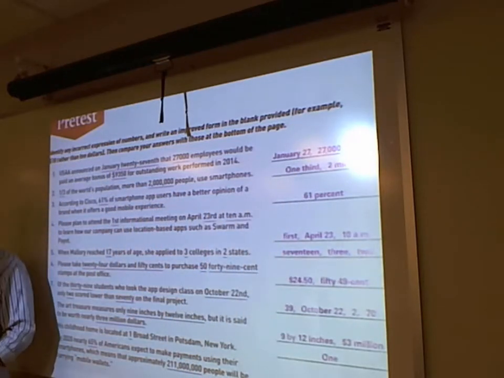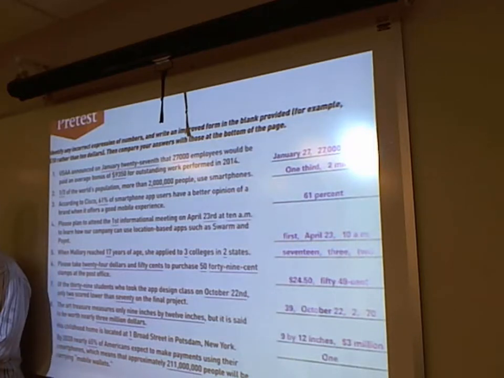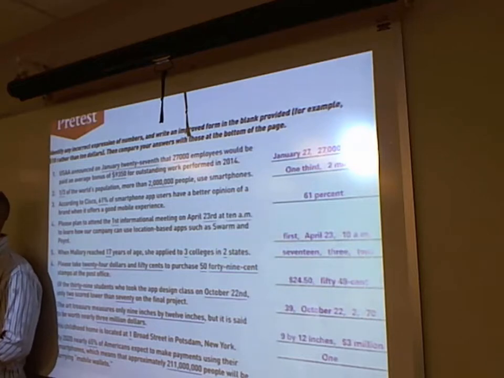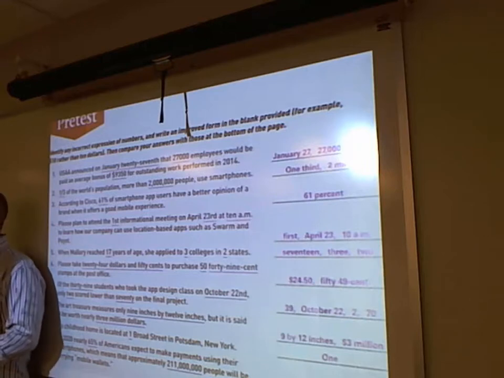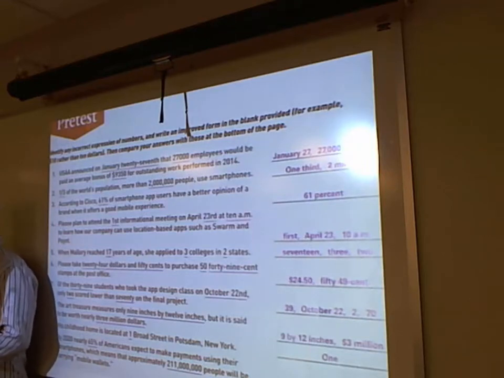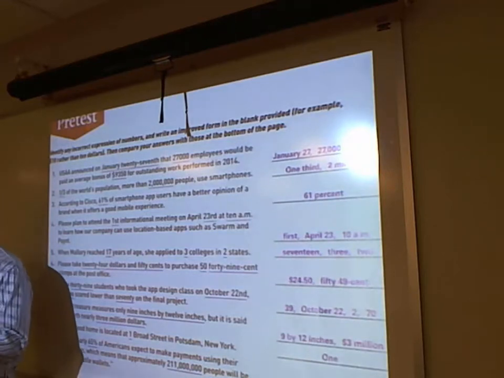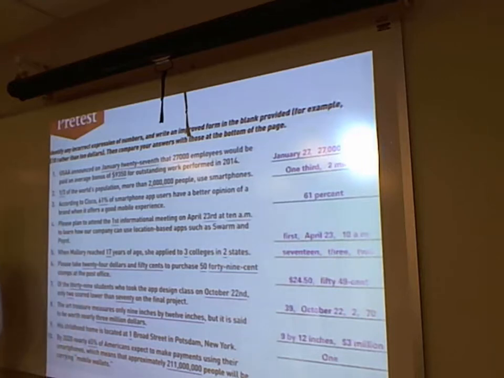And then as far as the number of employees, the basic rule in numbers, which has many exceptions by the way, is that 1 to 10 is written out as a word, and numbers 11 through infinity are written as figures. Remembering that we have a plethora of exceptions to that rule.